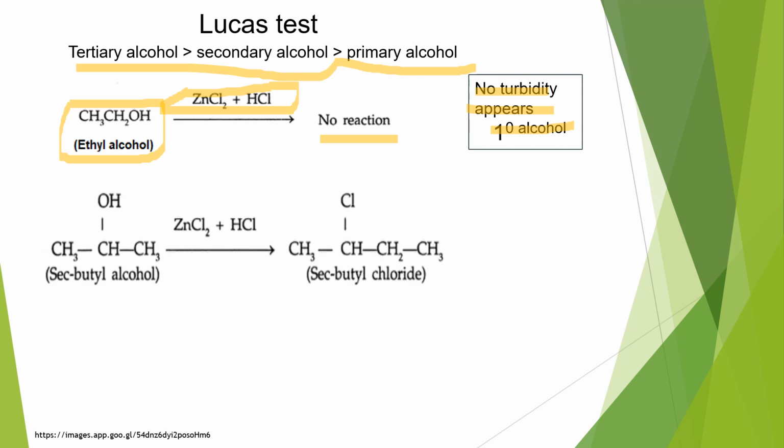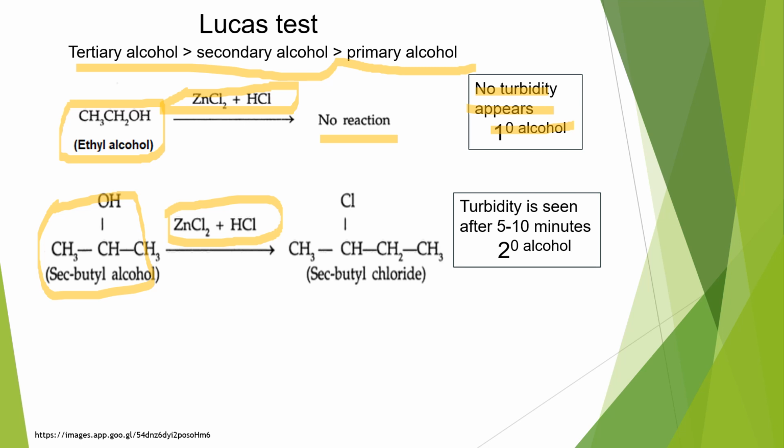Coming to the next one, you have taken an alcohol solution. Okay, we don't know which class it belongs to. Treat it with the Lucas reagent, that is zinc chloride and HCl. It forms a product. Okay, it has formed a product. How do I know that? See, turbidity can be seen after 5 to 10 minutes. So you leave the reaction, you wait for some 10 or 15 minutes.